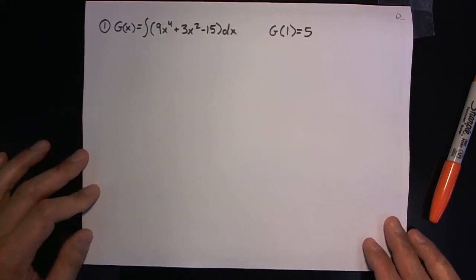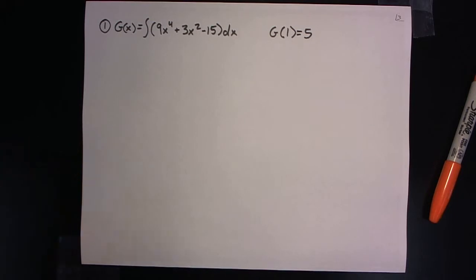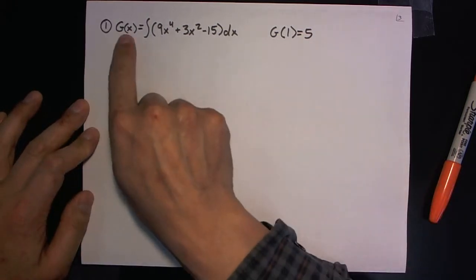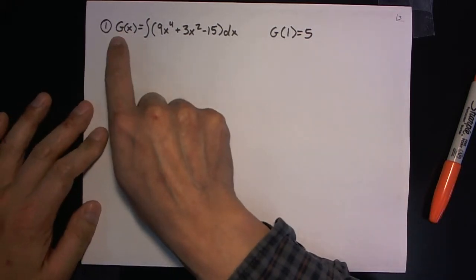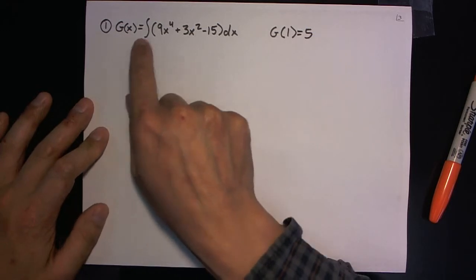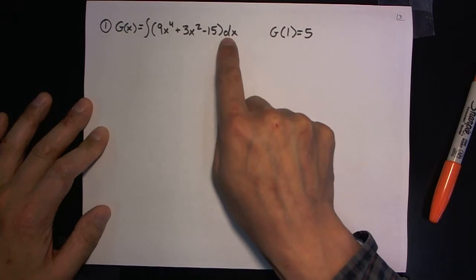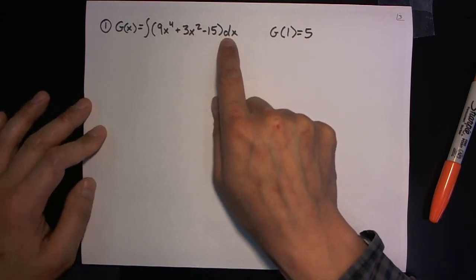A typical problem that expects you to solve for the specific solution will start off like this. You'll get the name of a function, usually a capital letter, not always though, and that's going to be the integral of some function of x, dx, or maybe a function of time or whatever.